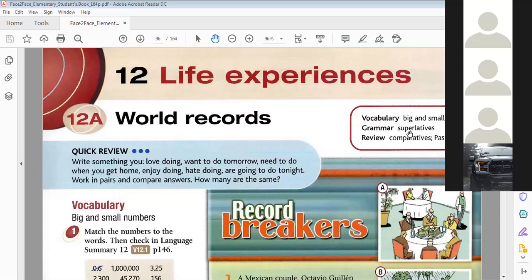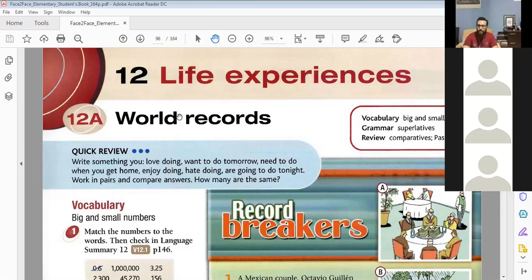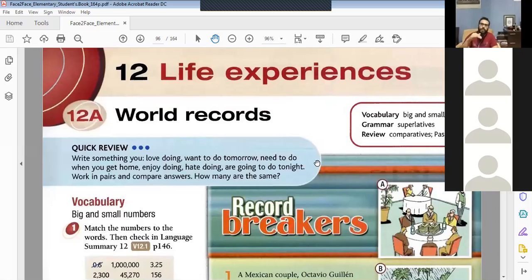Today we'll talk about something related to comparatives. We call them superlatives, okay? A superlative is when you talk about the maximum or the top. So for example, I will draw some people here.